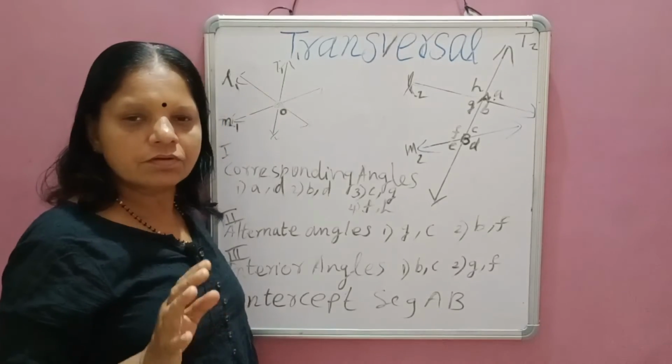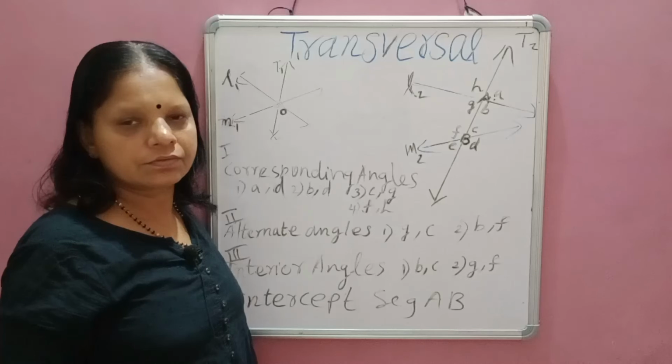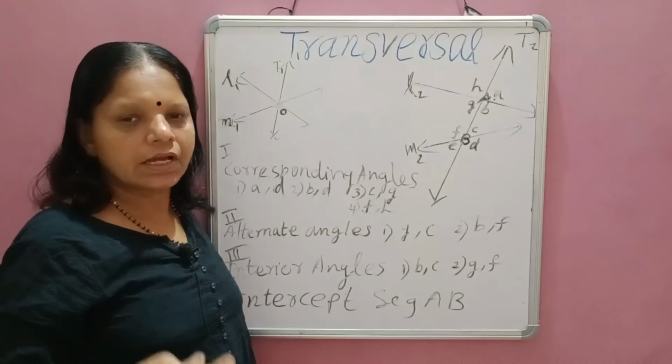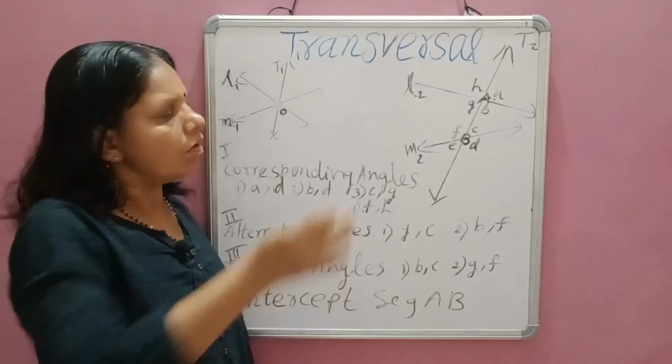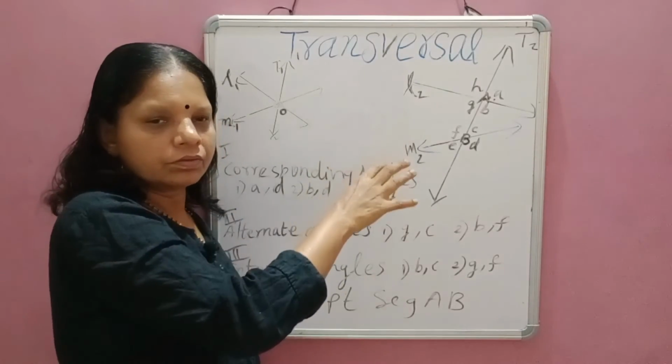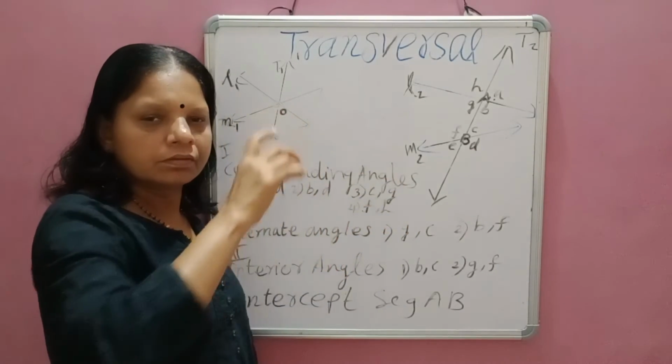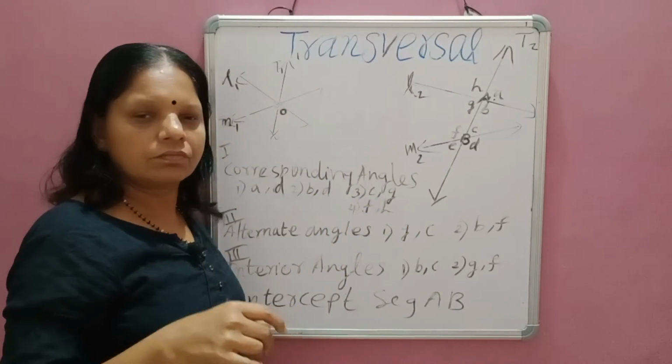These are the pairs of angles formed by a transversal: corresponding angles, alternate angles and interior angles. On seeing the figure, you can identify the pairs of angles.